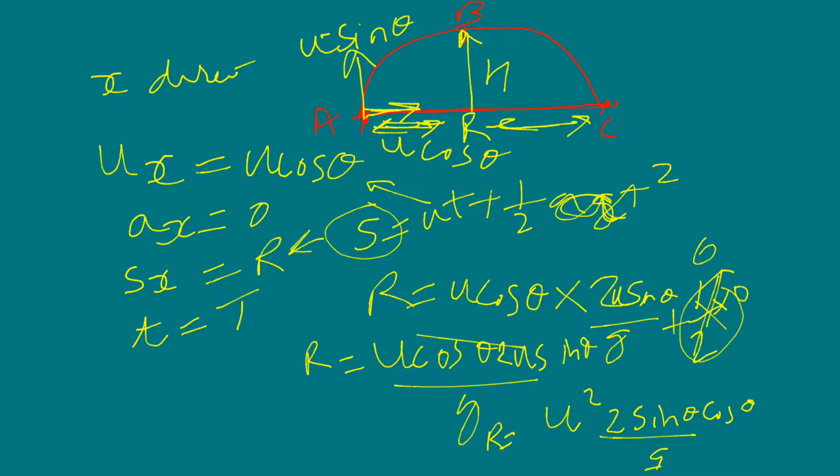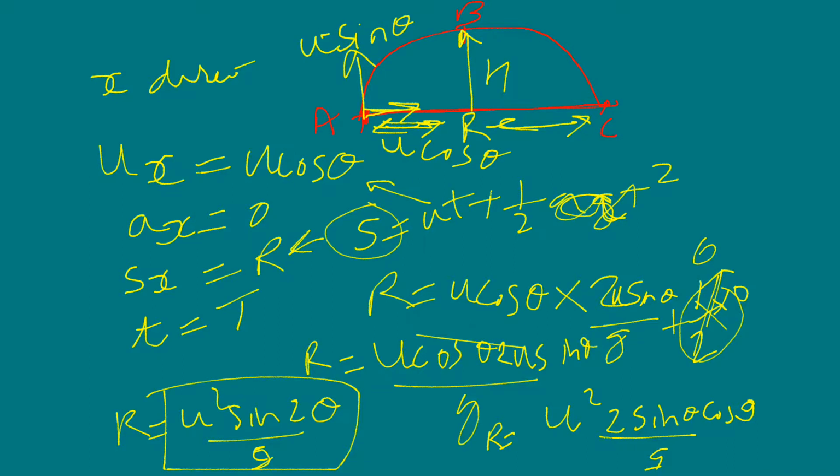So this is the formula. 2 sin theta cos theta is also given as sin 2 theta, so we can write the range equals u square sin 2 theta by g. So these two formulas are there: range is given by u square sin 2 theta by g, or u square 2 sin theta cos theta by g.